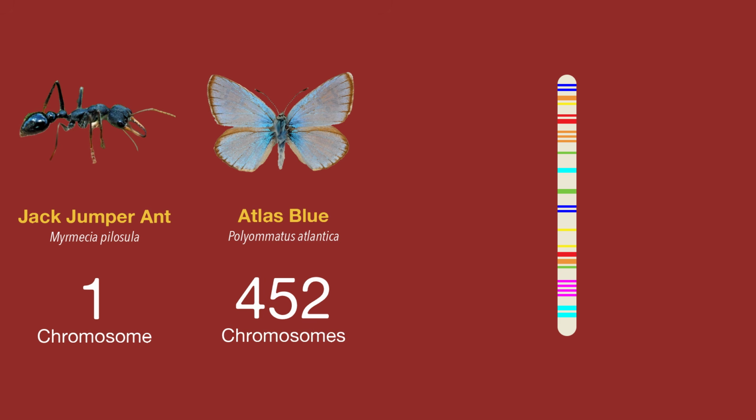But keep in mind that the number of chromosomes doesn't indicate how old a species is in terms of evolutionary history. This is because chromosomes can both split and fuse, and they do so often, although by often I mean every few million years or so.